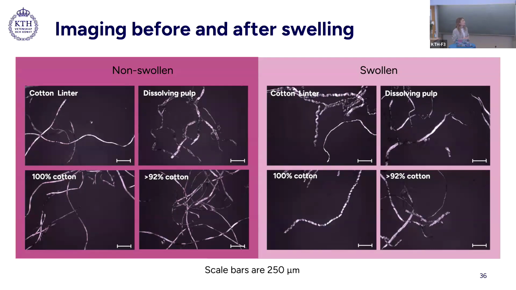And this is very typical for cotton, so we did not see this in any type of wood-based materials. We could also see, maybe it's a bit hard on the projector, that in the sample with some synthetic material, there are synthetic fibers that do not respond to the swelling as well.